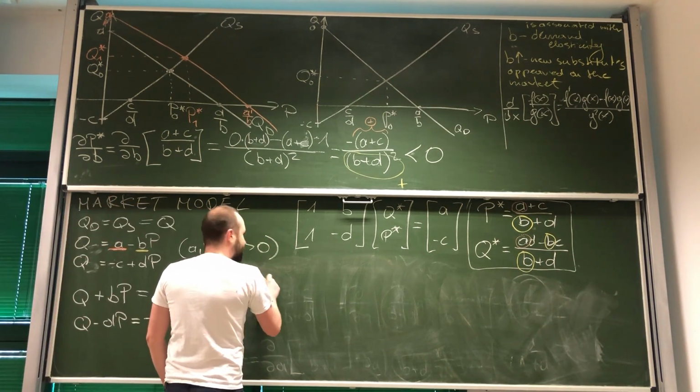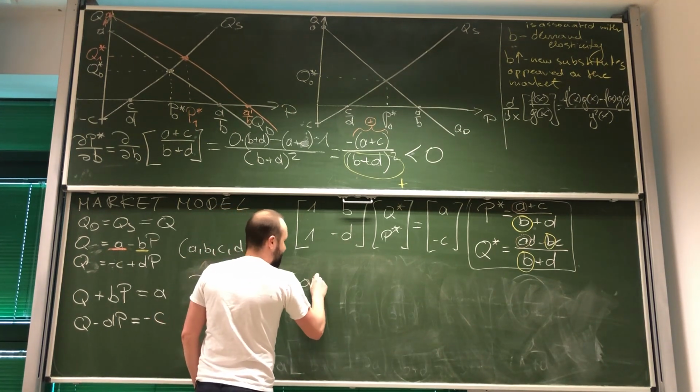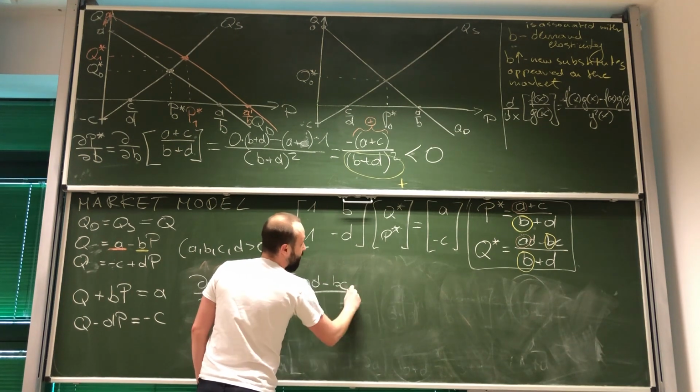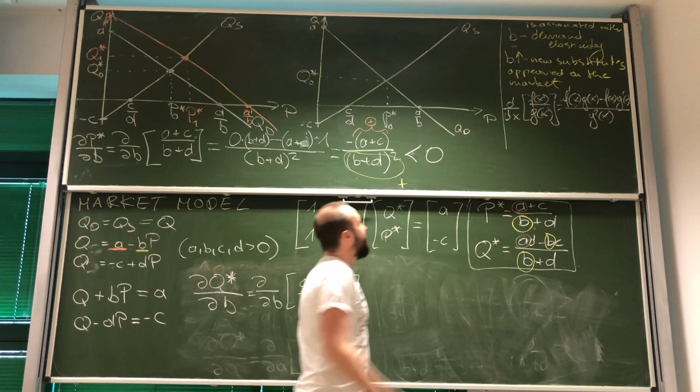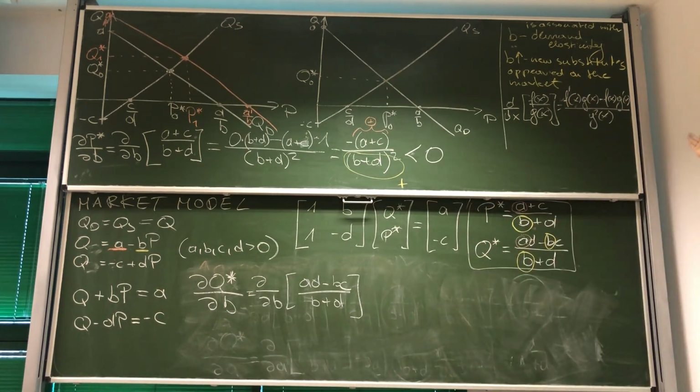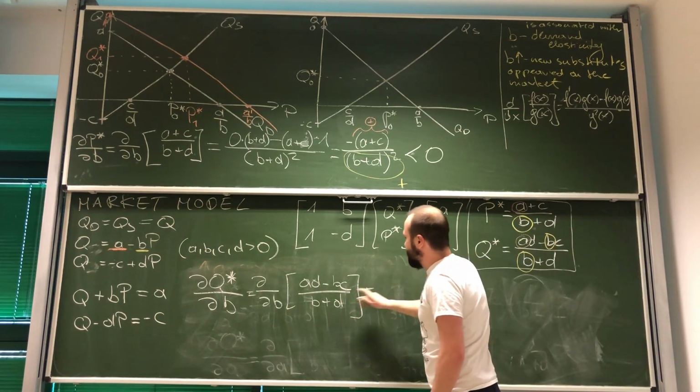So again, we differentiate the expression AD minus BC over B plus D. And we use the same trick. So we use the quotient rule. And what do we see?